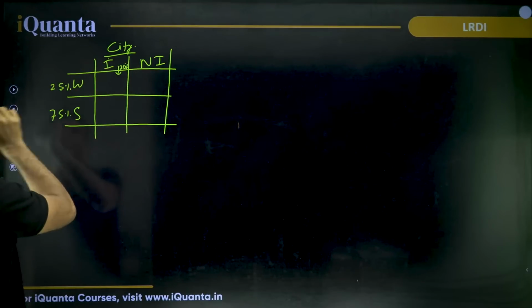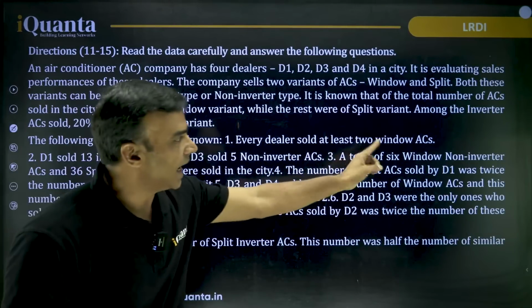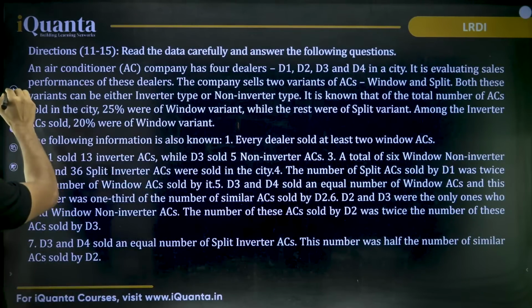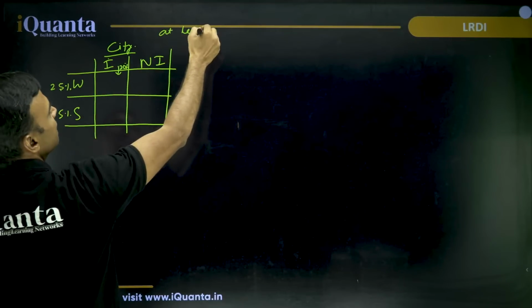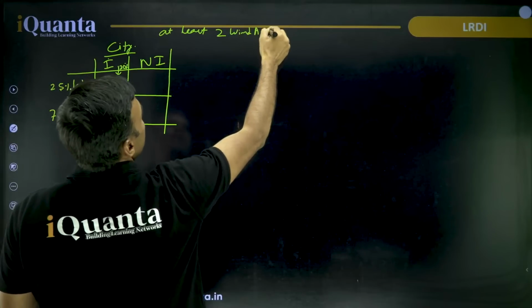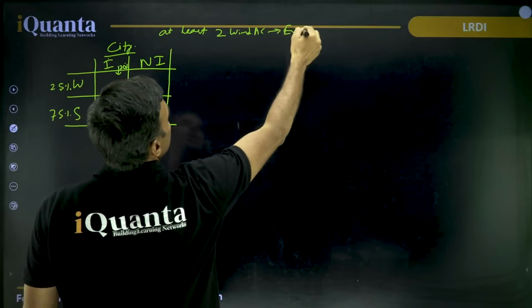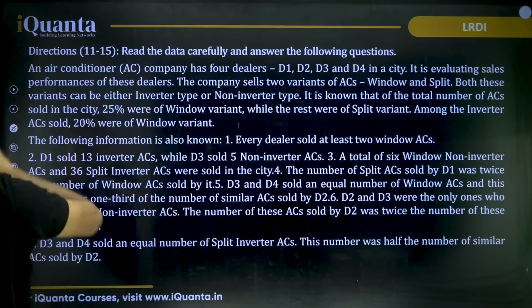Go back again. The following information is also known. Every dealer sold at least 2 window ACs. So I'll write it here: at least 2 window AC every dealer. Okay, every dealer. Fine. What else do we have?